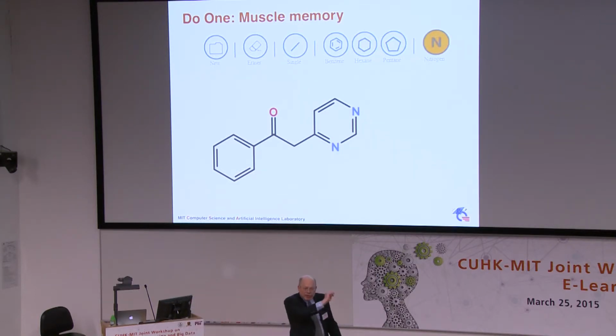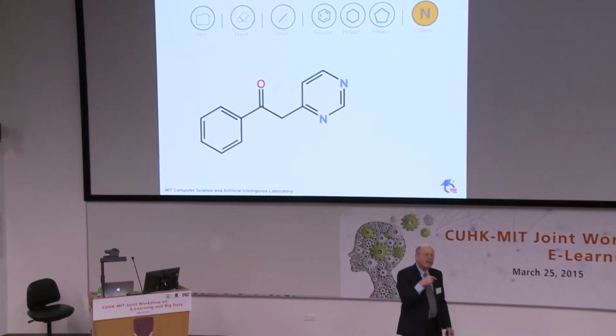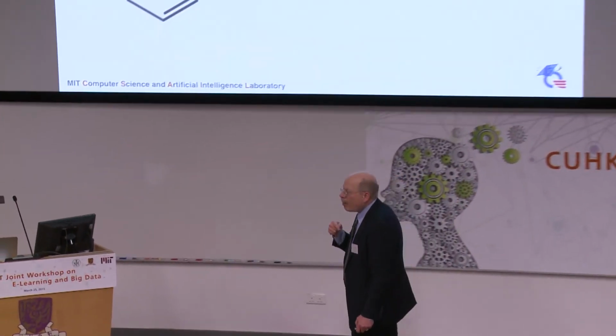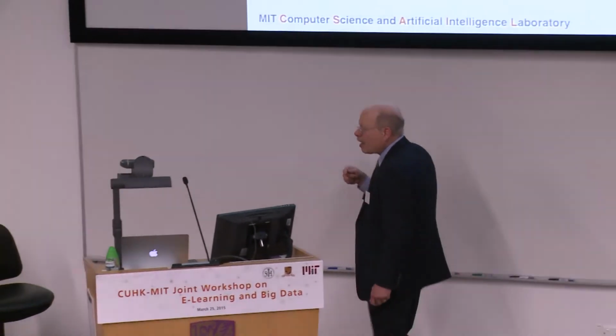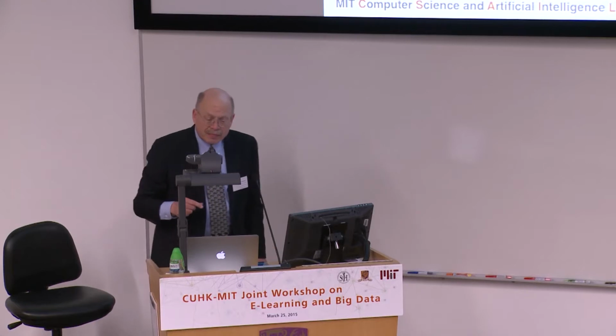If you actually involve moving your arm, or in this case your mouse, to put things together, you will remember that chemical structure in the future. I can show you lots of slides of chemical structures, and it would have no impact. If I tell you to draw them yourself, you will remember it. So coming up with hands-on exercises that let us exercise our muscle memory is, I think, an important thing.